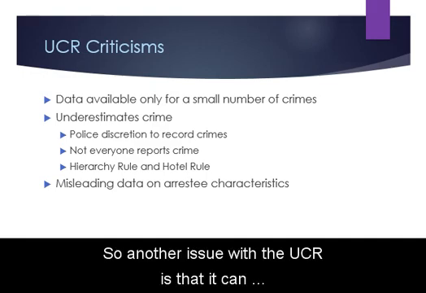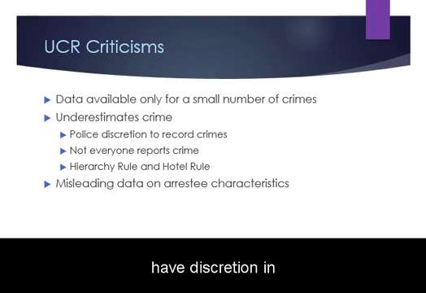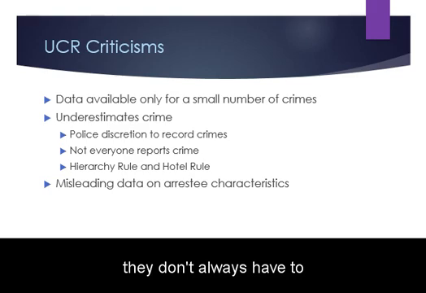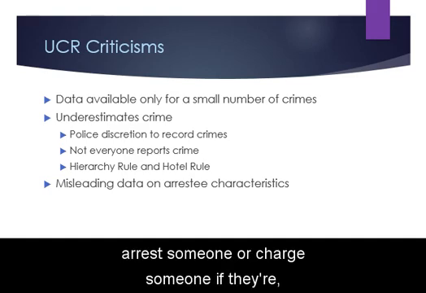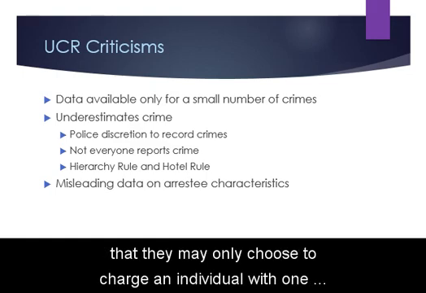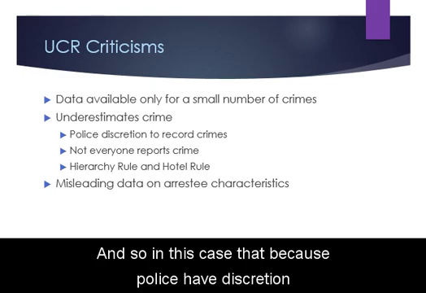Another issue with the UCR is that it can underestimate crime. If you recall, police have discretion in reporting crimes. If a crime is less serious, they don't always have to arrest someone or charge someone, especially if they're engaging in multiple offenses; they may only choose to charge an individual with one of many offenses.